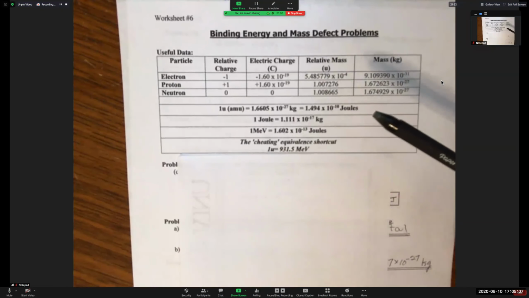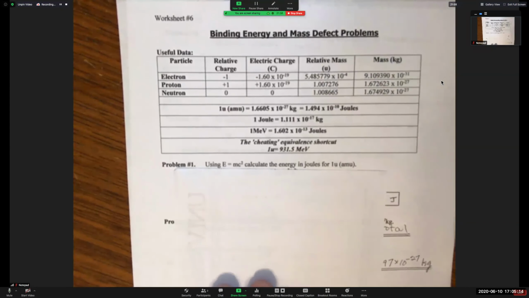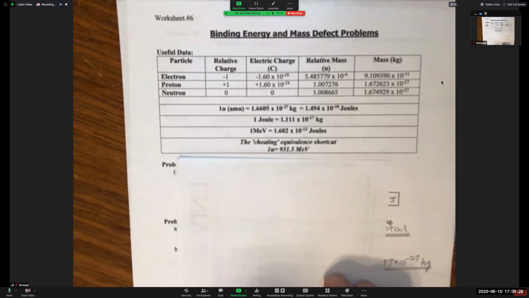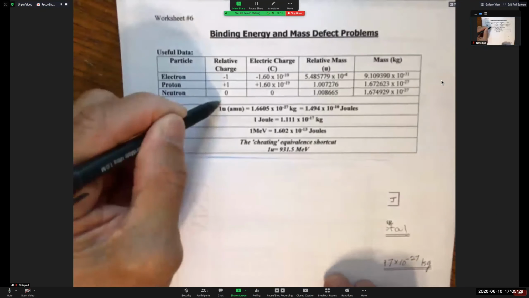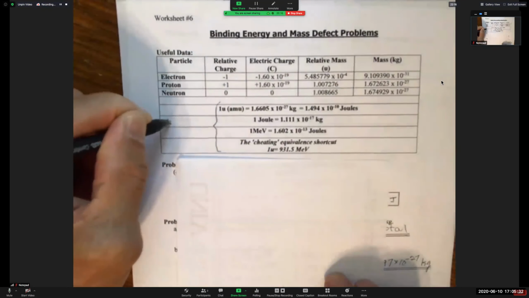Mass into energy is converted using Einstein's equation, E equals mc squared. So we're going to do that in the first problem. The way these values were determined, these all came from E equals mc squared.